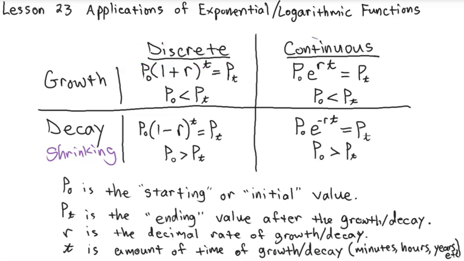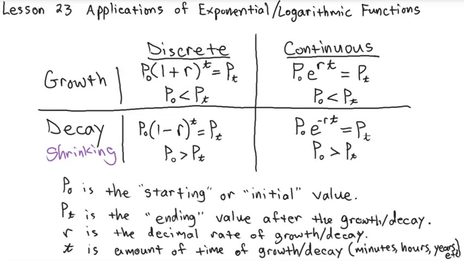Now, the main difference between a continuous function and a discrete function is that continuous functions have e in them. Discrete functions do not have e in them. They have this term that includes an r. Now, the continuous functions also have an r, but the r is in the power of e. But notice nowhere in here is there an e.